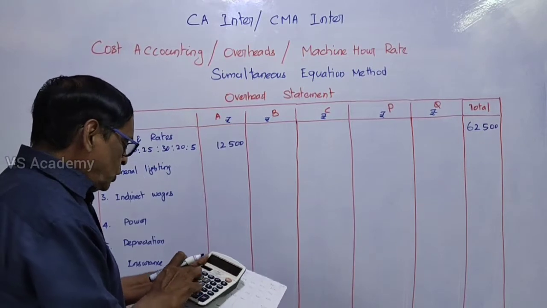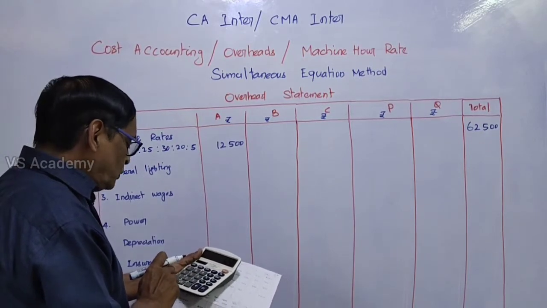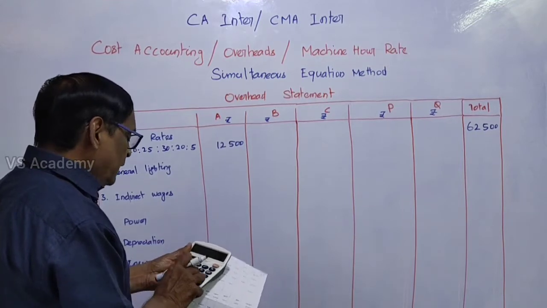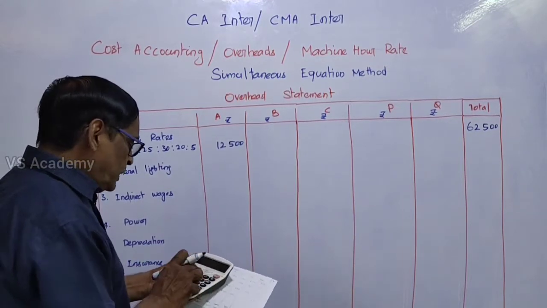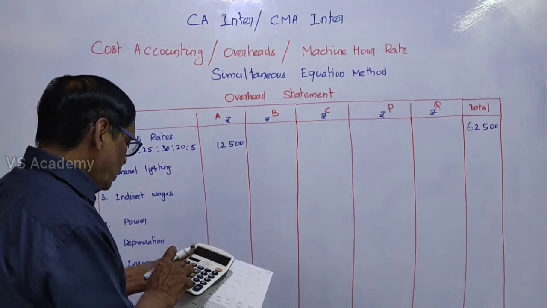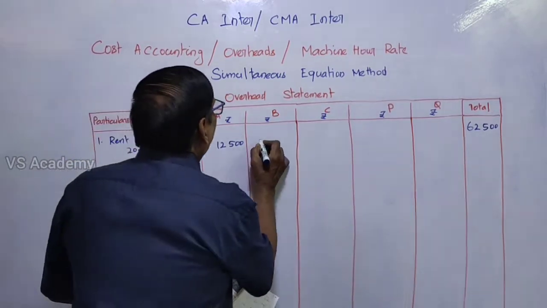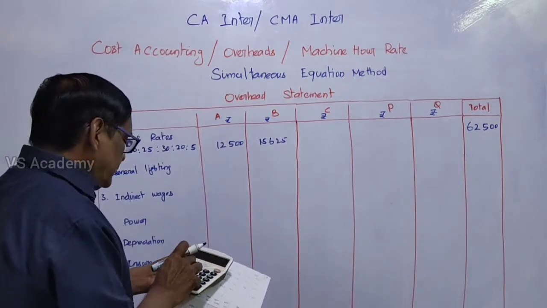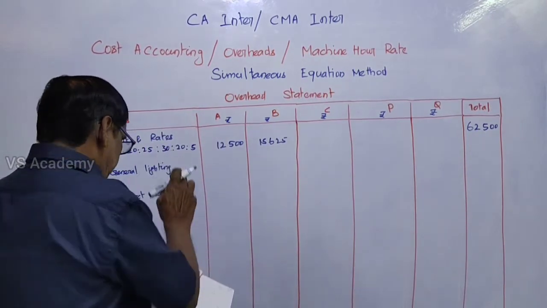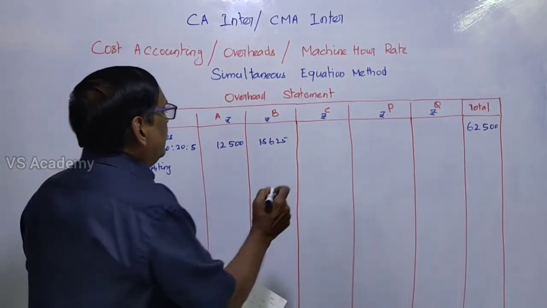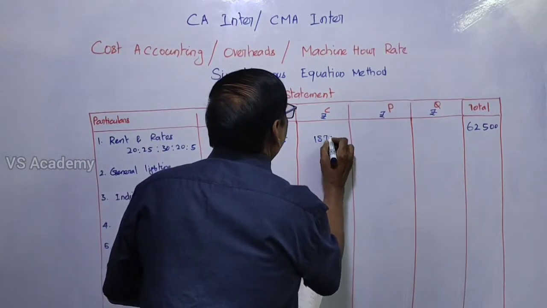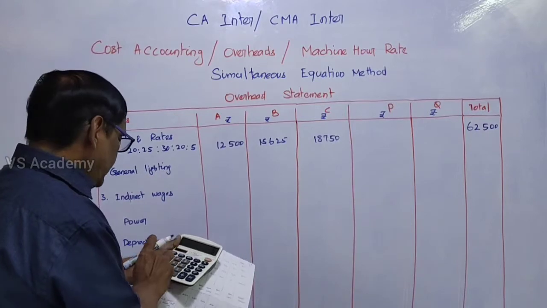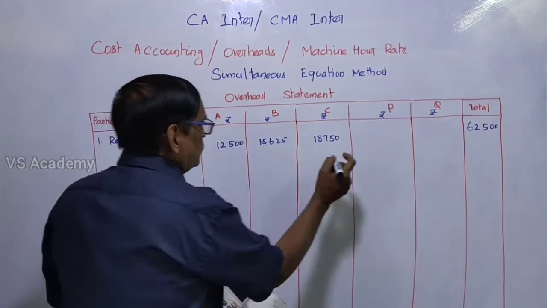And then 62,500 divided by 100 comes to around 625. So 625 into 25 is 15,625. And then 625 into 30 is 18,750. 625 into 20, the same amount, 12,500.